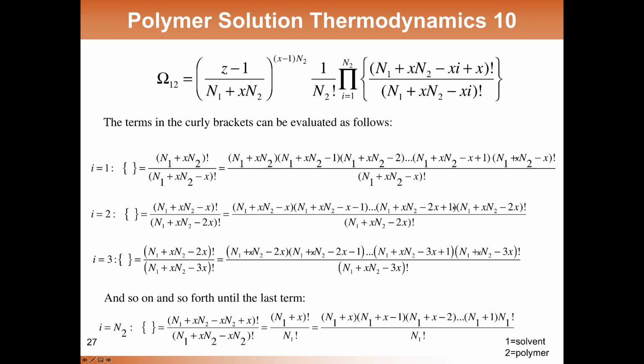And likewise, the last term that survives from the i equals 2 case, the number of ways of laying down the second polymer molecule, is just one ahead of the first term in the i equals 3 term of these curly brackets.